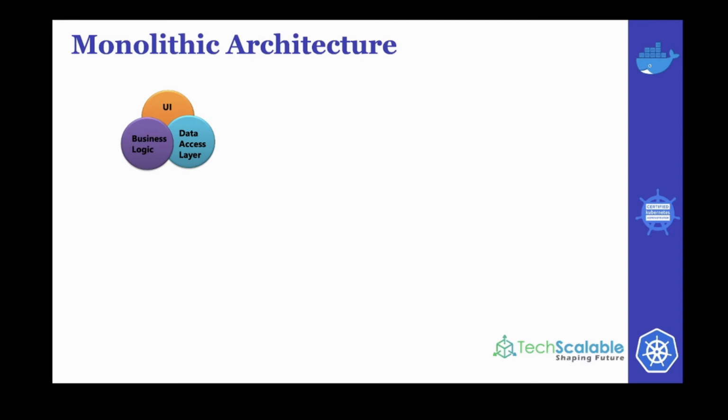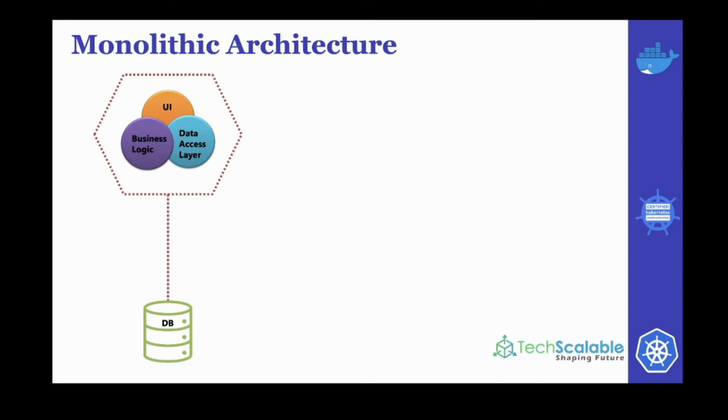And we have a central database, which is referenced by each of the single logic residing in this application. So a single database backend for all different types of business logic.